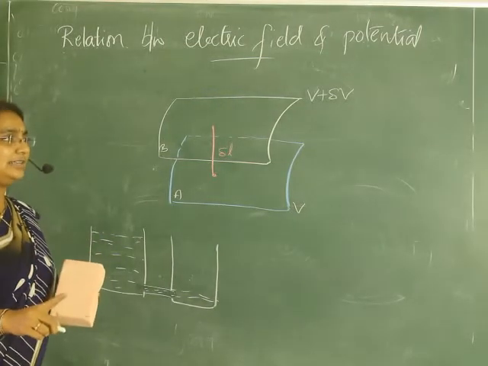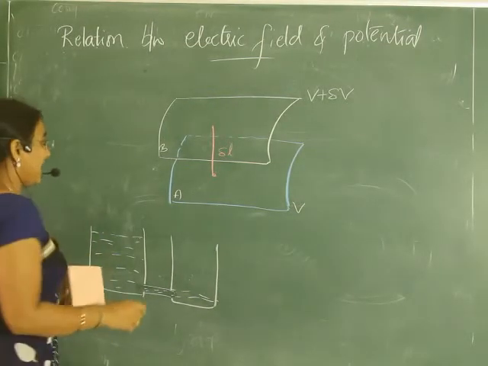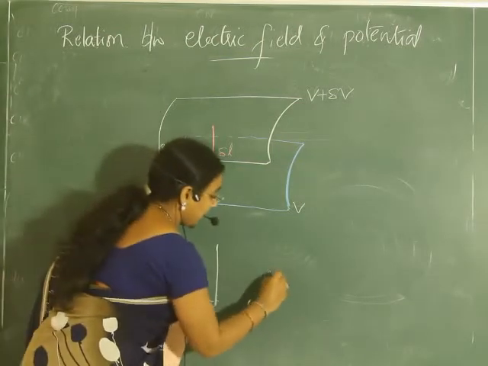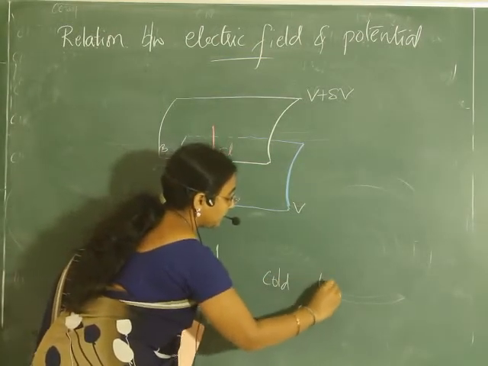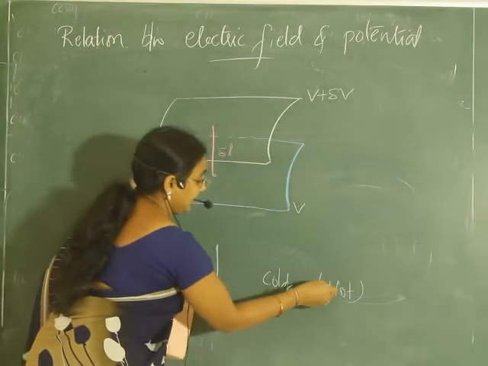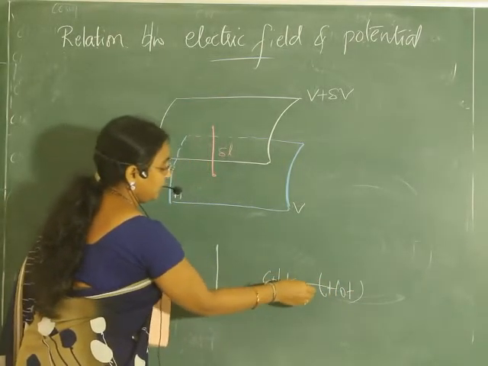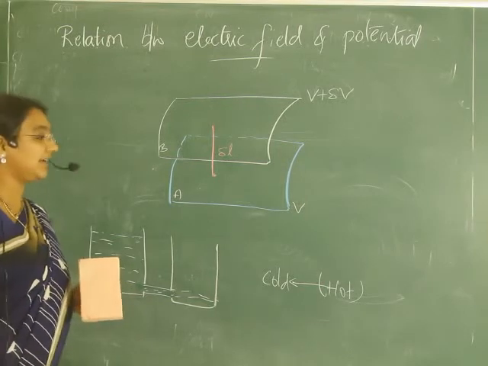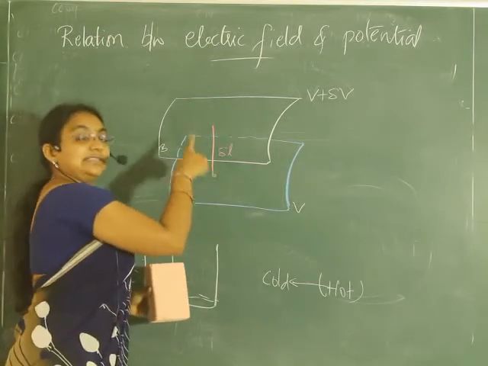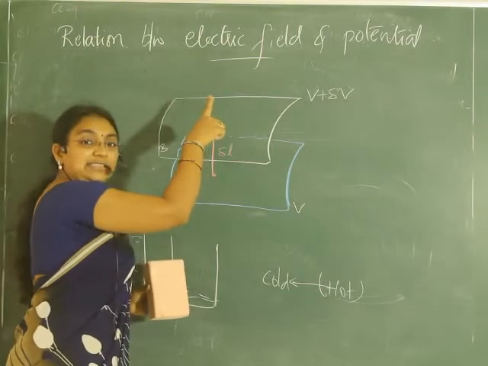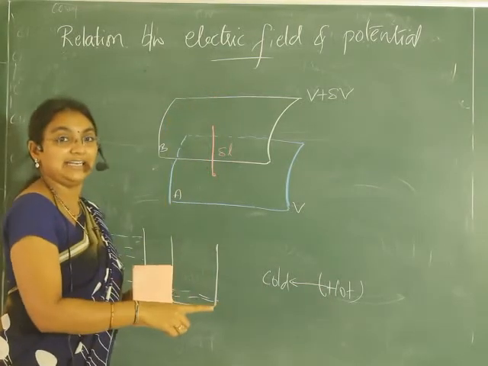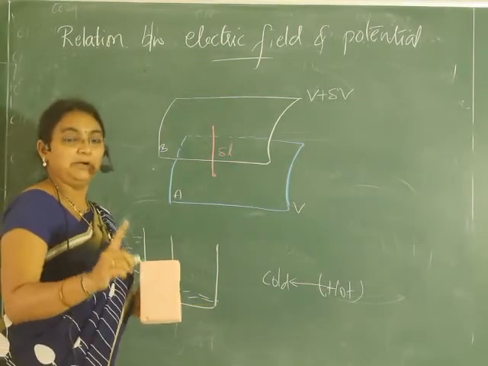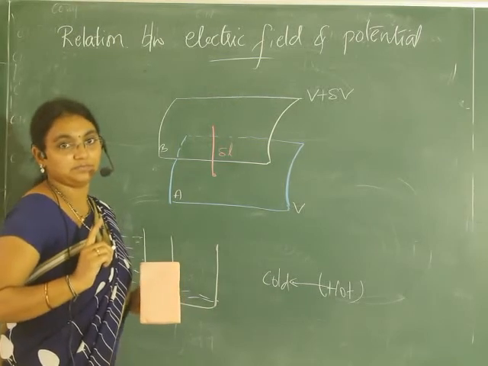Just like temperature, if we have two bodies, one cold and another hot, heat always flows from the hot body to the cold body until the temperature becomes equal, correct? In the same way, charges flow from higher potential region to lower potential region until the potential becomes equal.